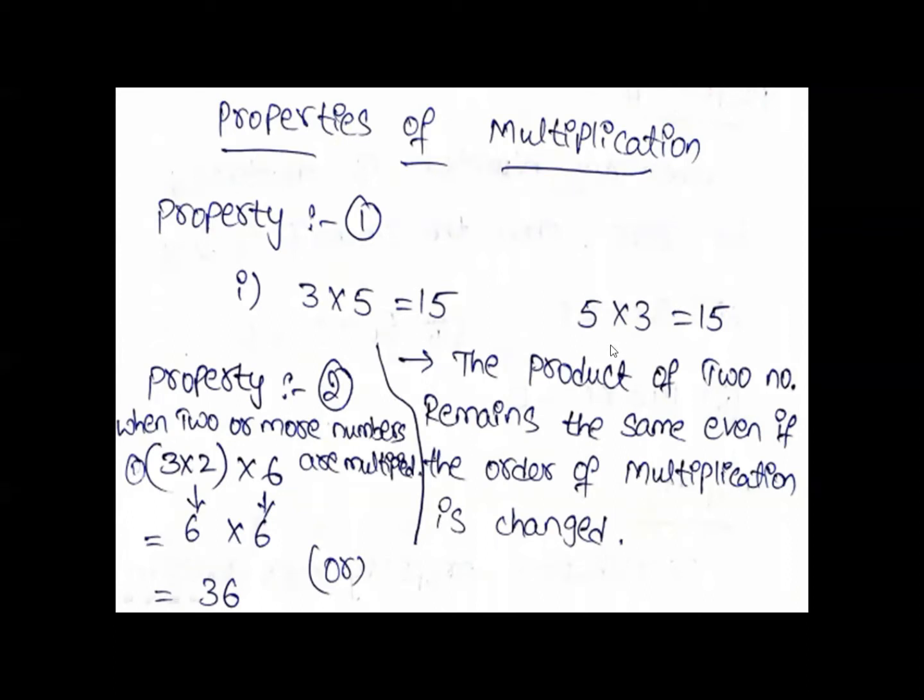Property 2. When we multiply two or more numbers, see here, in brackets, 3 into 2. 3 2s are 6. Up 6 is there. Write 6 down, same as this. 6 6s are 36.